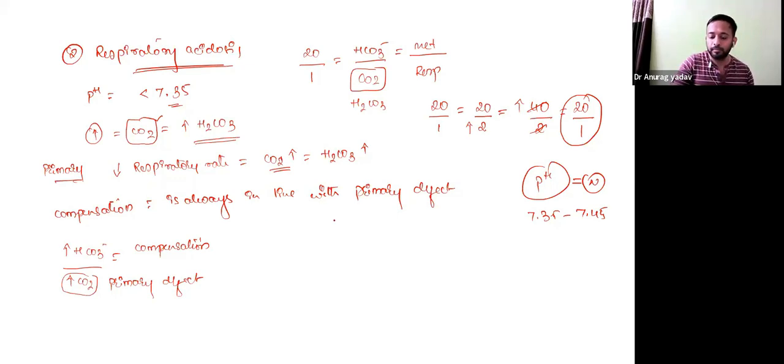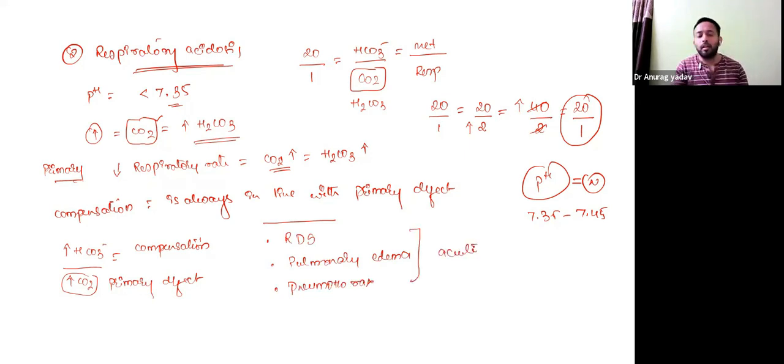What are the conditions? Conditions can be, one, any respiratory distress syndrome. When respiration is not properly occurring, carbon dioxide retains. It can be even in pulmonary edema. You can have respiratory acidosis in pulmonary edema, or in pneumothorax. These all can be acute conditions.